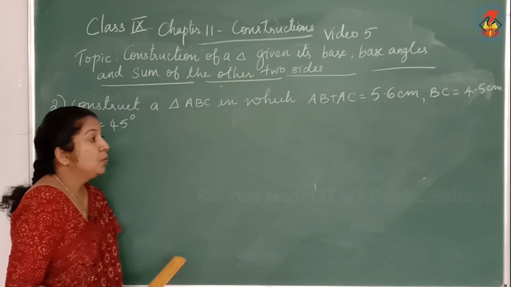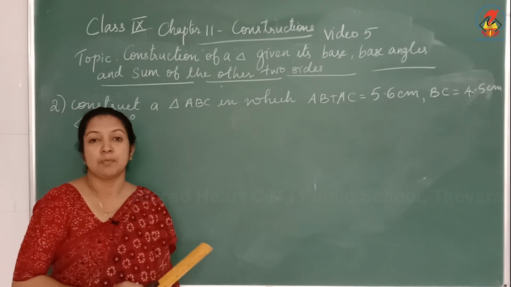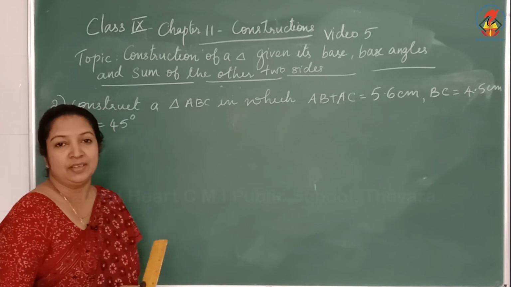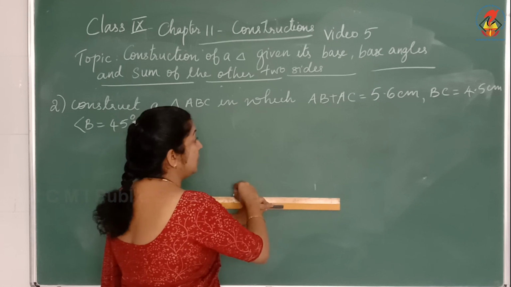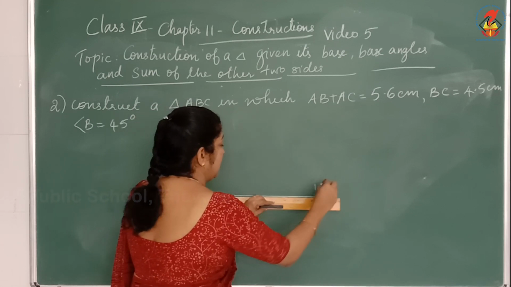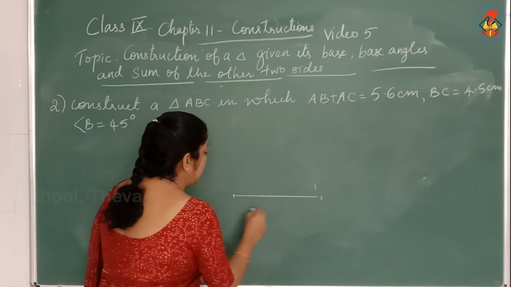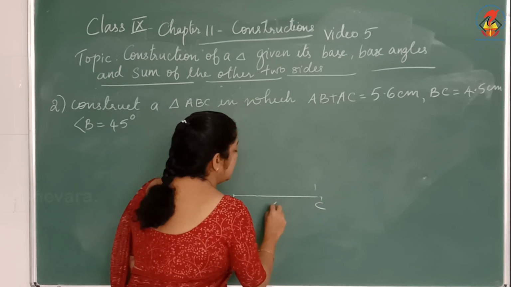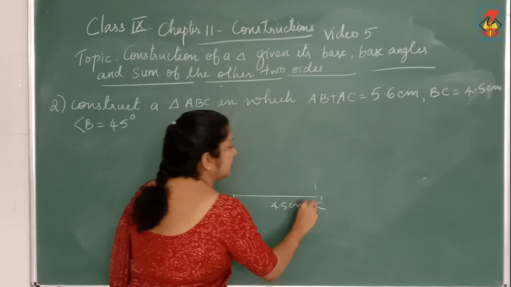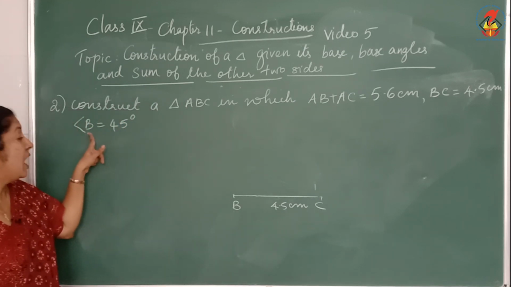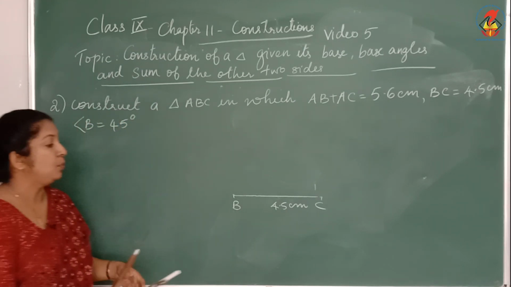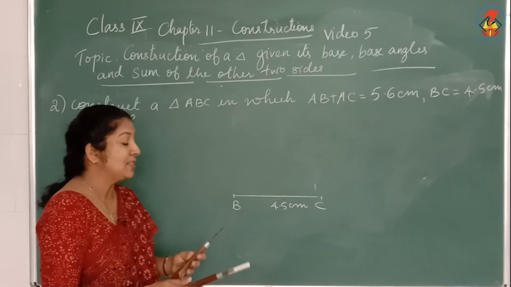So what is the base here? Here BC is the base. How much is given? 4.5 centimeter. So I am not taking 4.5. I am just drawing a line segment BC and marking it as 4.5 centimeter. Then what we need? Angle B is equal to 45 degree. So you know how to construct 45.